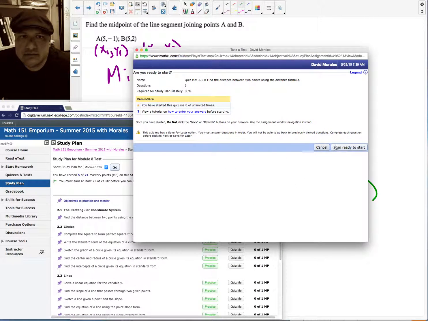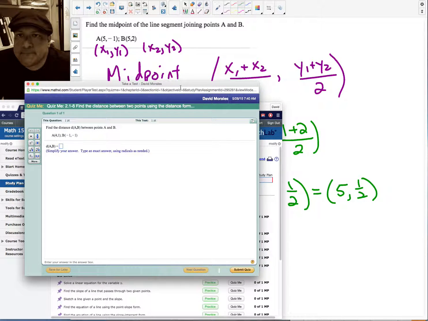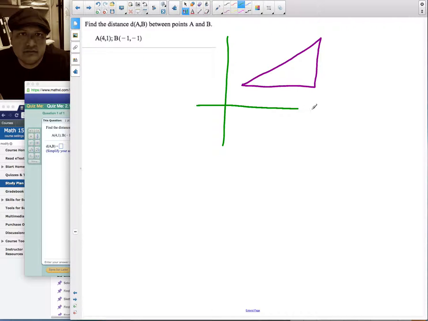And find the distance between 2 points. Okay. So the distance formula is actually a Pythagorean theorem. If you think about it, you have 2 points, wherever they may be. And the distance between them, you can make a right triangle here.